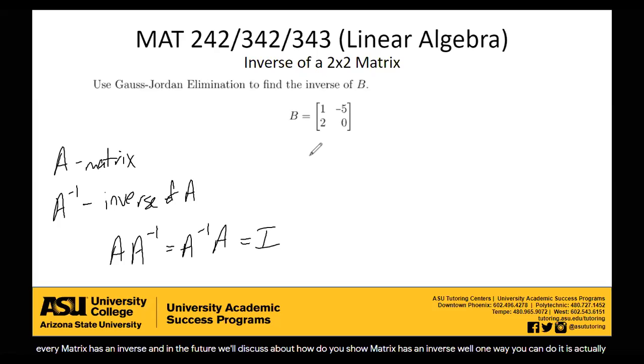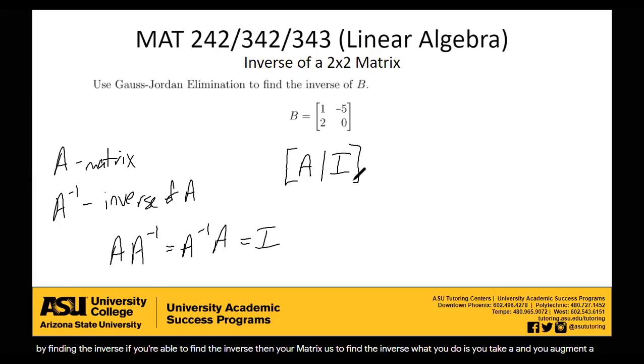So the process to find the inverse, what you do is you take A and you augment A with the identity matrix. So you put A into a matrix, augment, you put the identity matrix in there. And then what you do with this system is you reduced row echelon form it. So you do all your row operations to get it in reduced row echelon form.